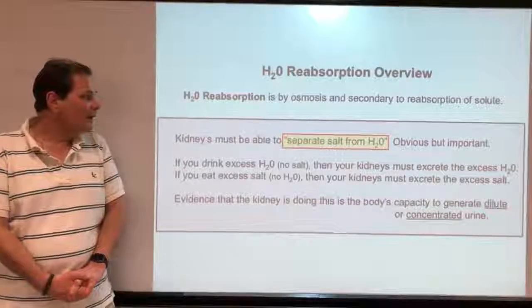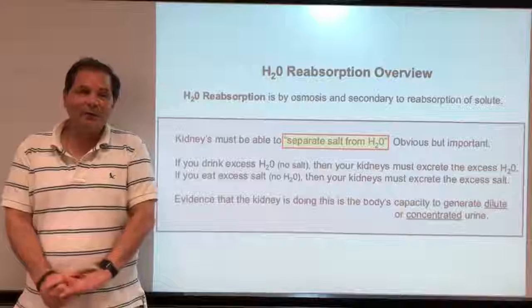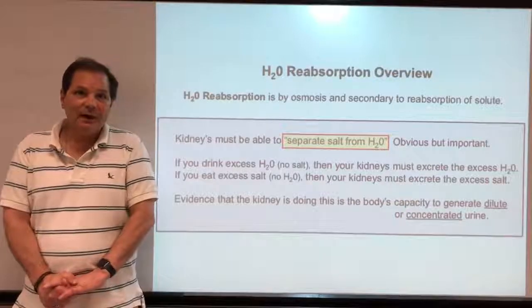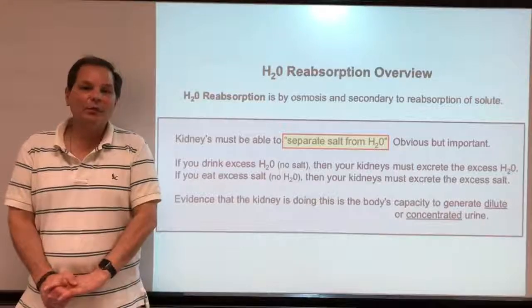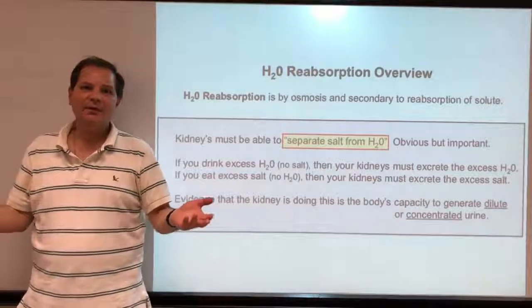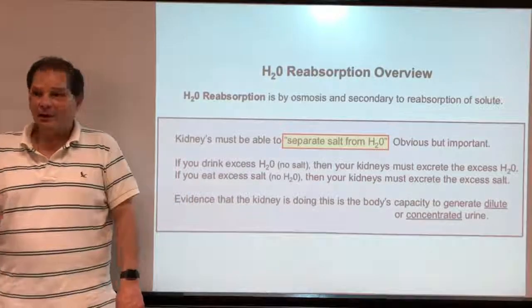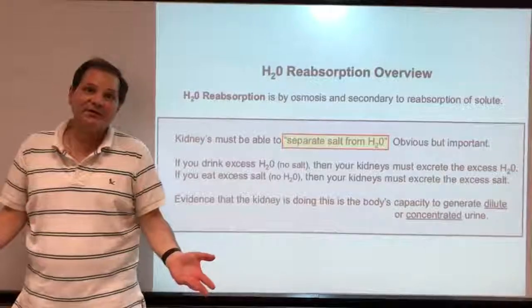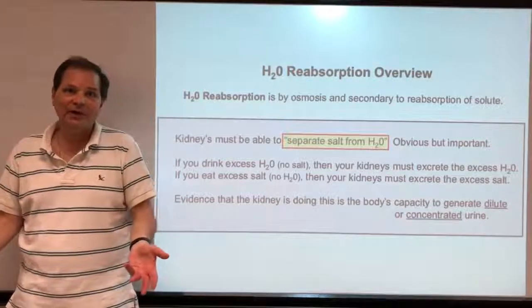So if you eat a lot of salt, you have to get rid of a lot of salt, but that's not always what you have to do with water. Sometimes you'll drink a bunch of water and have a normal amount of salt. So you need to be able to create a dilute urine so that you can get rid of a bunch of water but not that much salt, because you want what you took in to be what goes out.